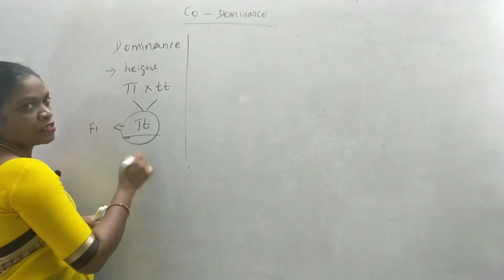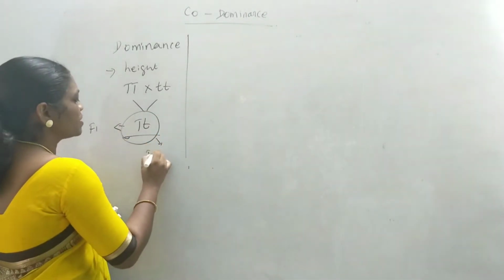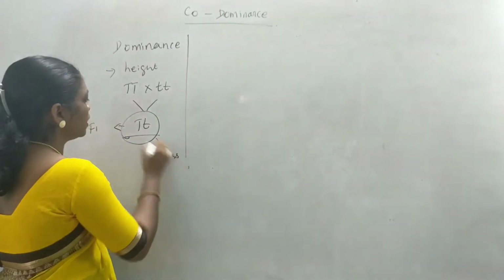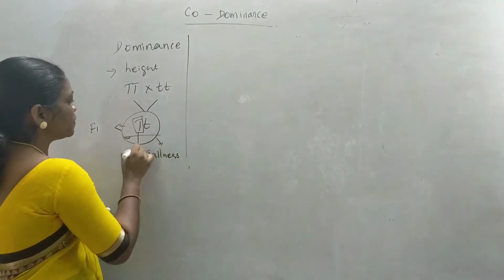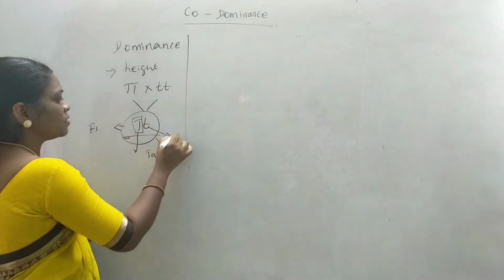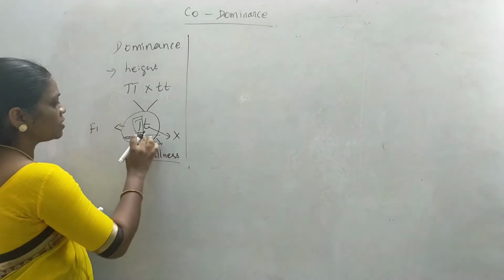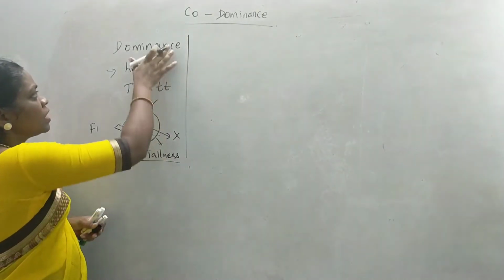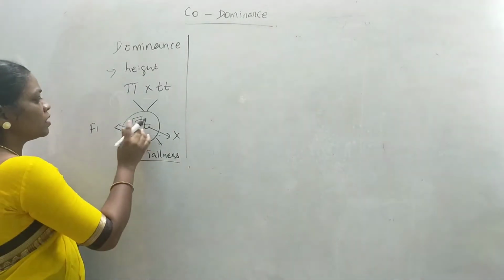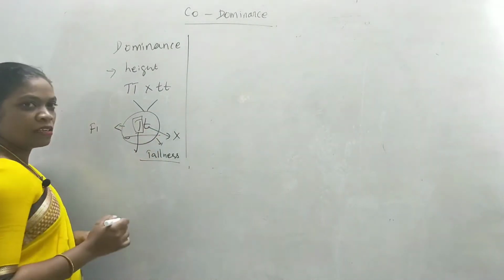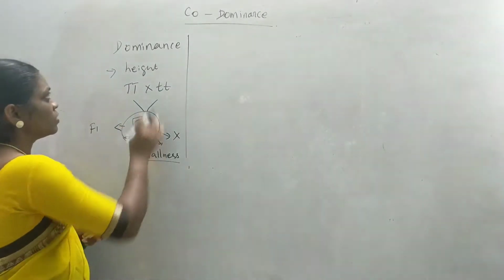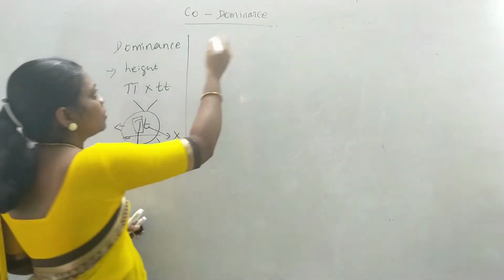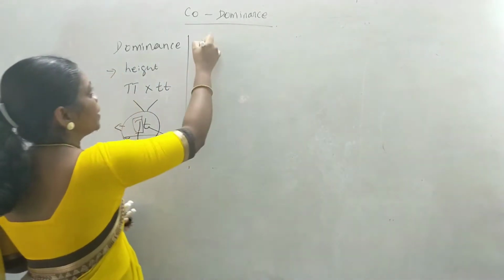This heterozygous form was exhibiting tallness. So here only the dominant character is expressed; the recessive character doesn't express. Only the tallness is expressed even though it is in a heterozygous condition. This is known as dominance, where one gene masks the expression of the other gene. And in the last video, we learned about incomplete dominance.